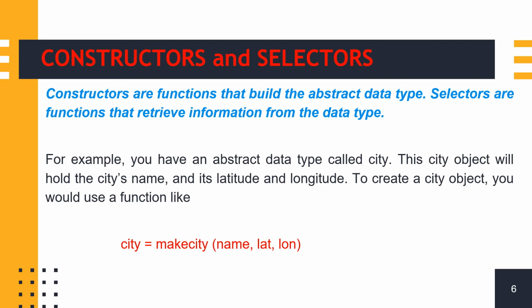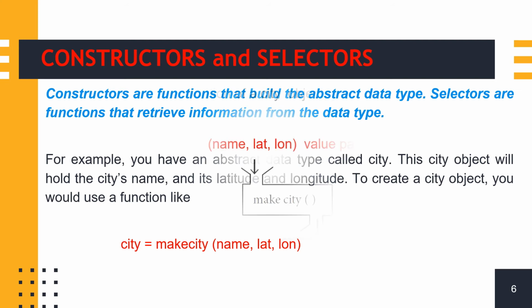The city object will hold the city name and its latitude and longitude. To create a city object, you would use a function like city = make_city(name, lat, lon), with these inside the small brackets.